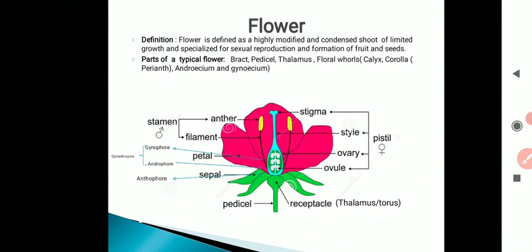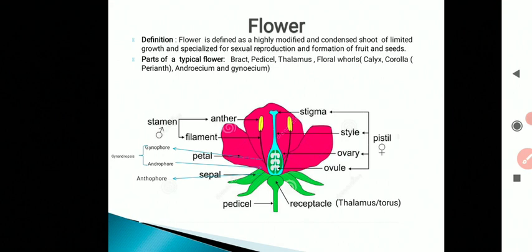That is, the female gamete will be produced in gynoecium, and together androecium and gynoecium are responsible for sexual reproduction and formation of seeds, and that's why they are called essential whorls of the flower, responsible for the formation of fruit and seed, and finally for the reproduction of the plant.